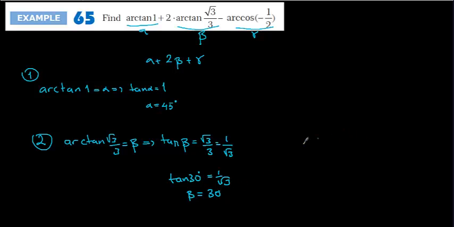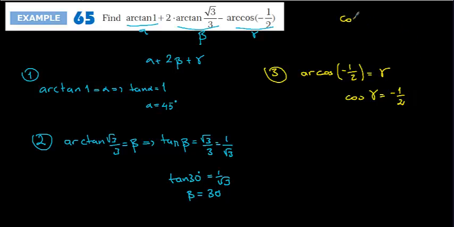The last one, the third one, is arc cosine. Arc cosine minus 1 over 2 is going to be equal to gamma, and cosine gamma is equal to minus 1 over 2. Here we have one problem.